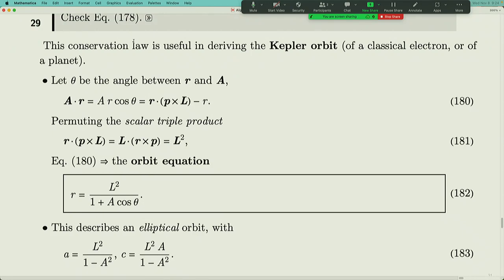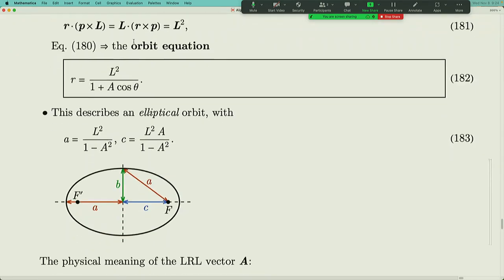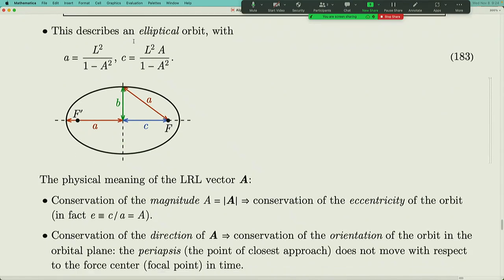If R depends on theta in this way, and you draw it, it will be an elliptical orbit. And this orbit will have a, b and c. What's this a? a is the half length of the major axis, b is the half length of the minor axis, and c is the distance to the focus point.